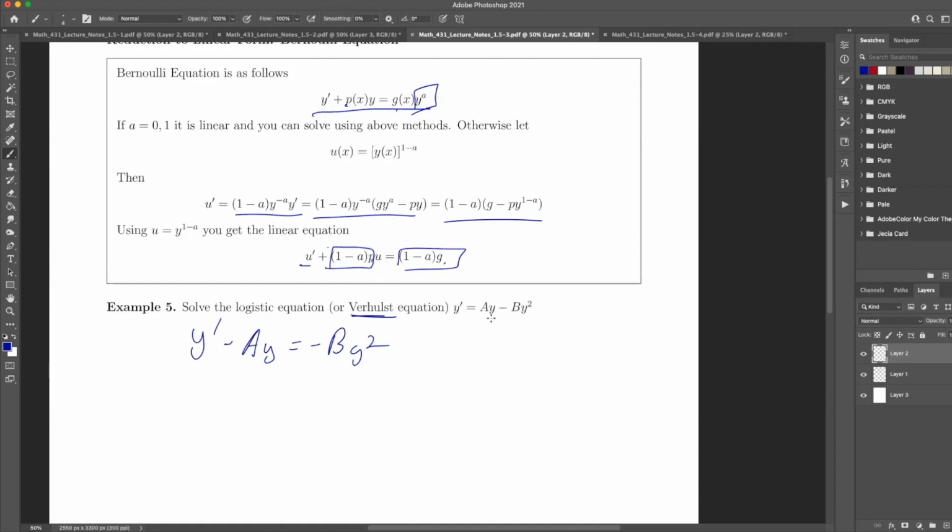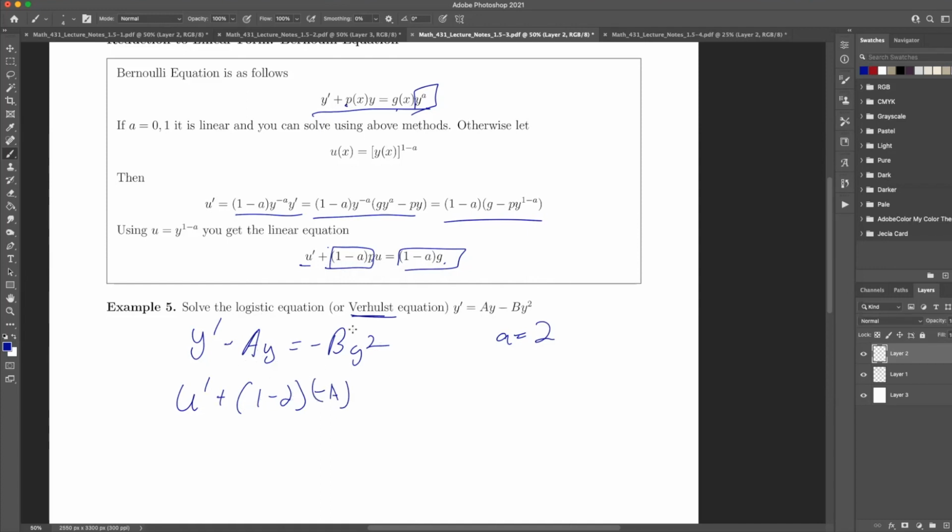So these are constants. So here we're going to let our a equal to 2, because if our a equals 2, we can rewrite this equation using the following, right? u prime plus (1 minus 2) p, and p here is minus a, sorry, minus a.